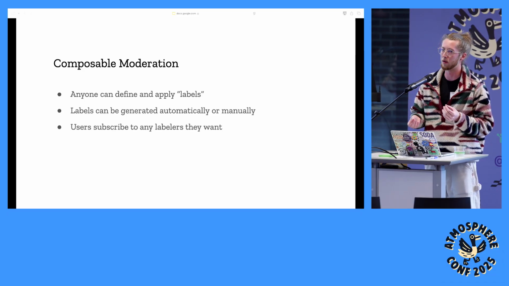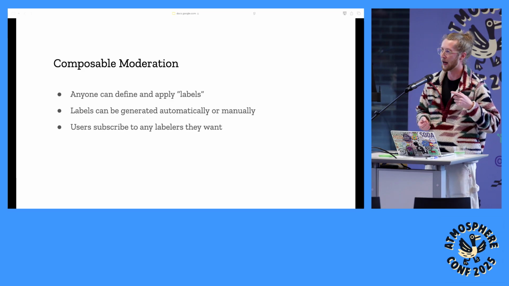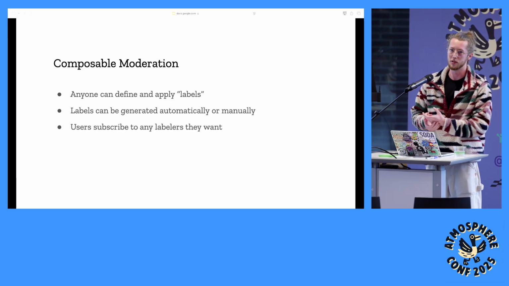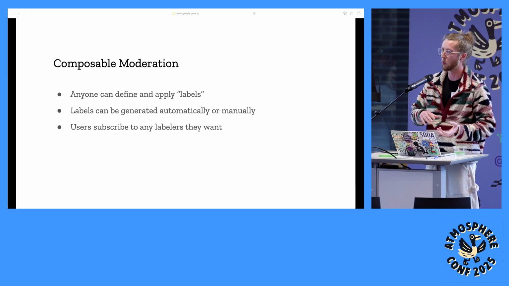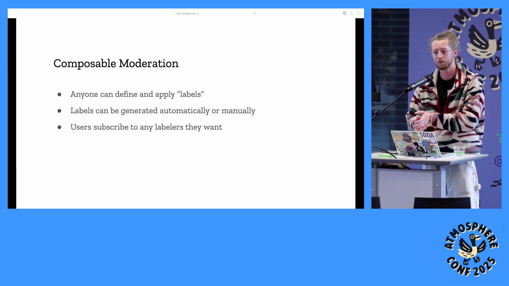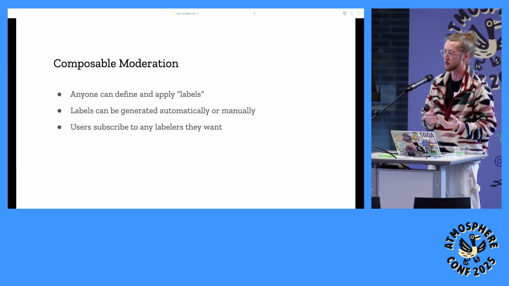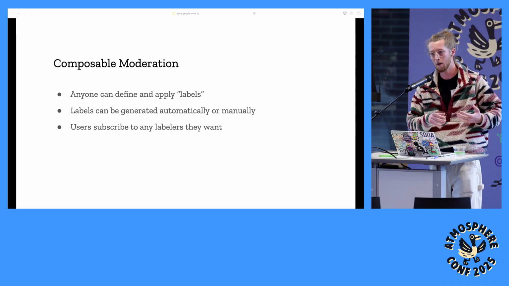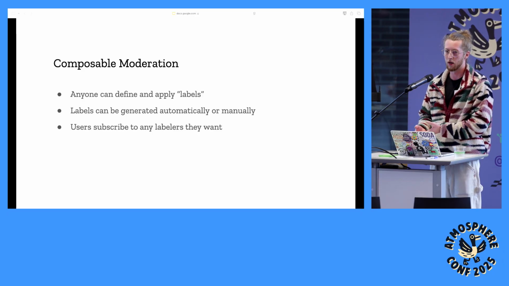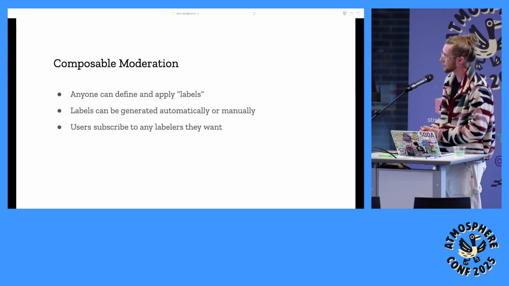And also the perspective issue, where you can have more niche labelers that are more well-equipped to deal with the specific labeling that you're concerned with, and users have the better agency to be able to subscribe to the labelers that are more relevant to them.